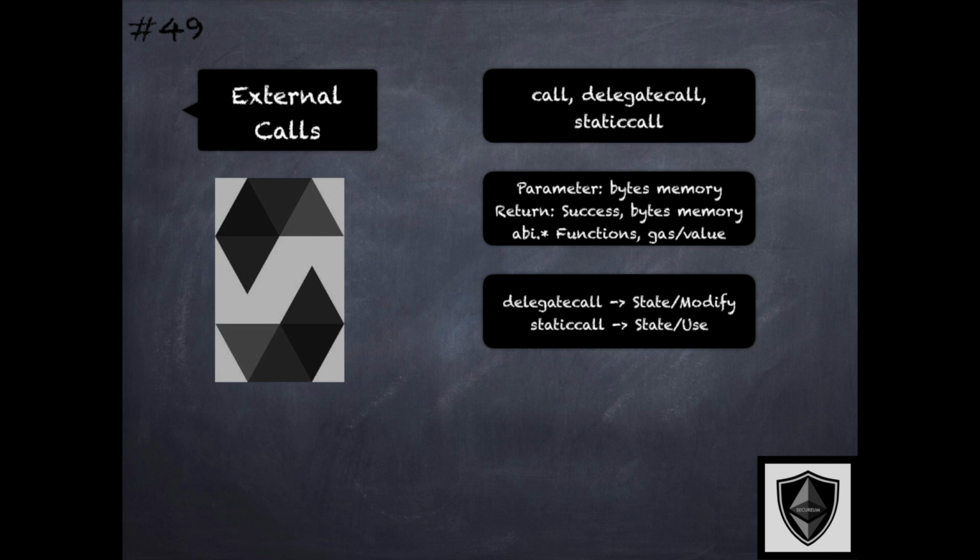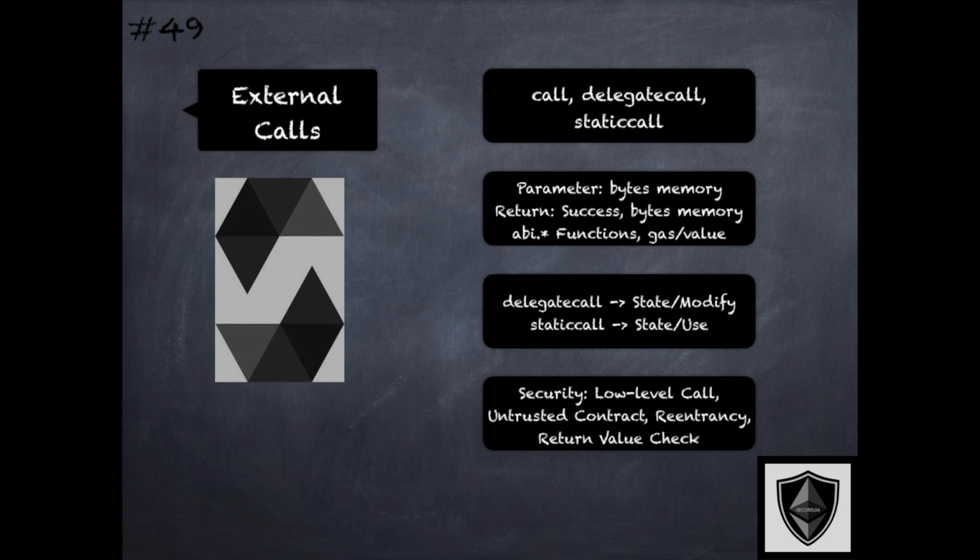So as you can imagine, the use of external calls has different types of security implications. These are really low-level calls that should be avoided in most cases unless absolutely required and there are no alternatives available, because these are calling out to external contracts that may be untrusted in the context of the current application's threat model or trust model.